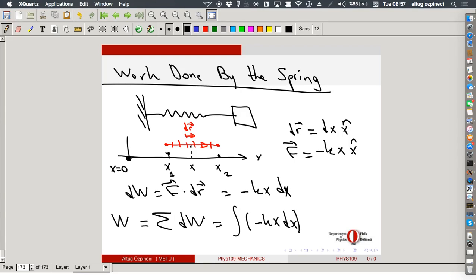Now, what are the limits? What is the initial value of x that we start with in our path? We start from x1, that is the lower limit of the integral. What is the last value of x? x2.